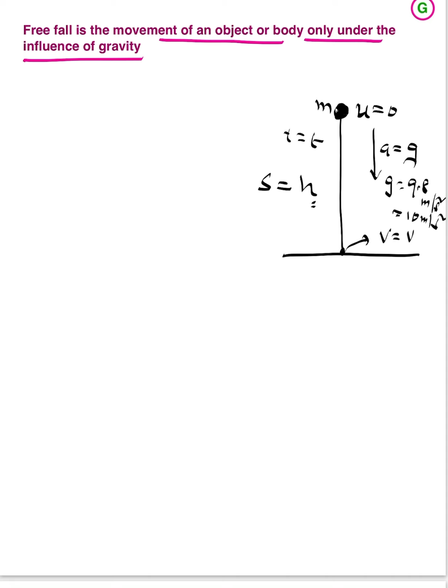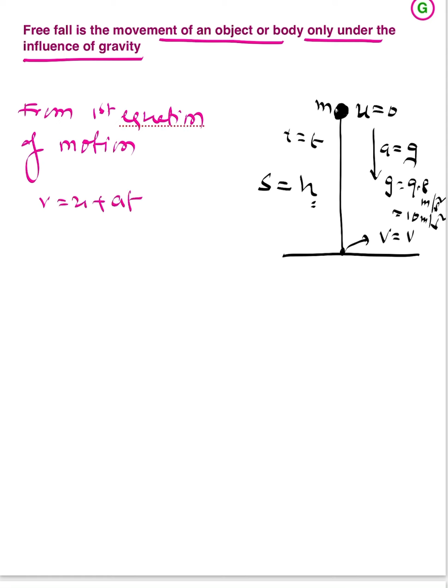Now from the first equation of motion, what is the first equation of motion? v equal to u plus at. Here u is 0 as the initial velocity is 0, a is equal to g, and time t. So v is equal to gt. This will be equation 1 for free fall bodies.